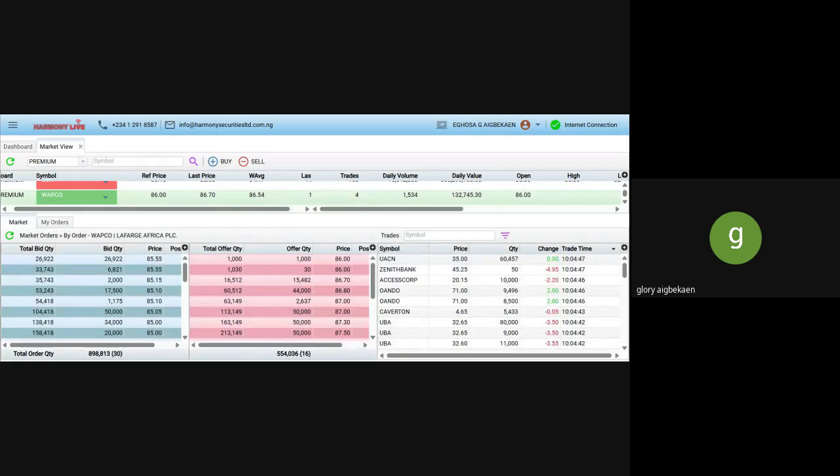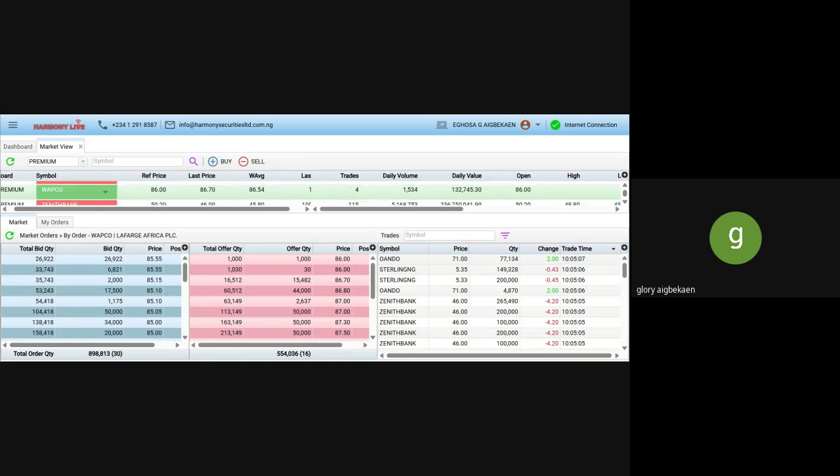So we just wait and see how it will turn out later in the day. 800 bid against 500 offer. That's what it is showing this morning.